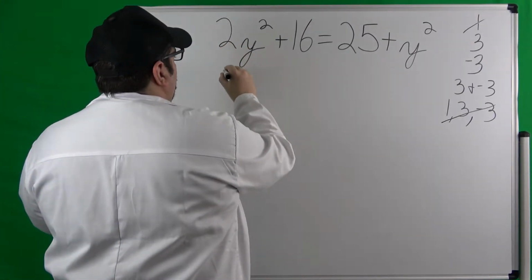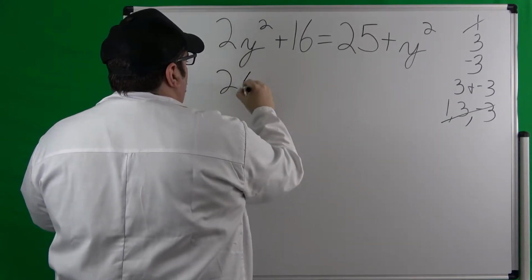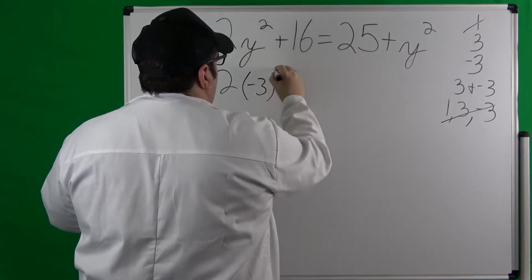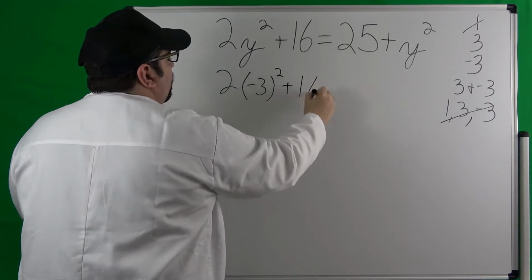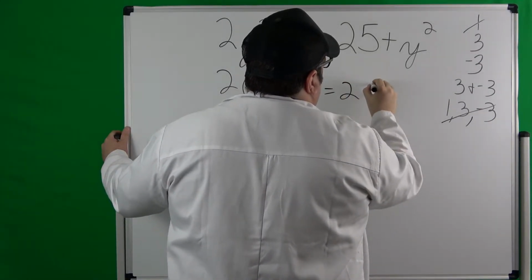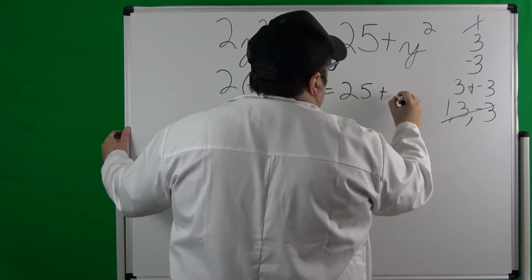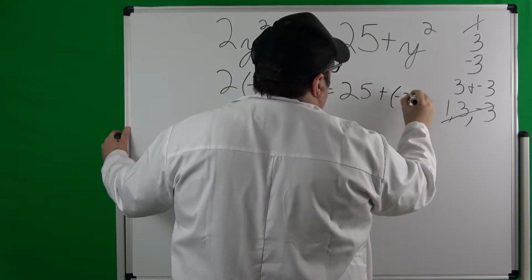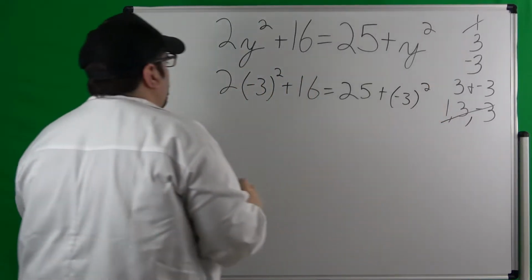So, 2 times -3 squared plus 16 equals 25 plus -3 squared.